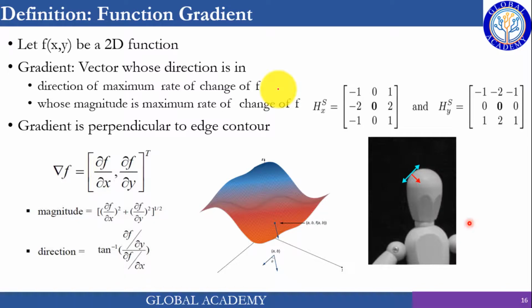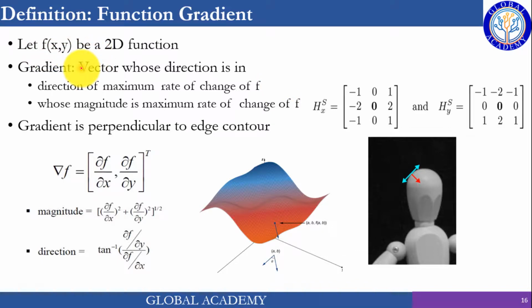Function gradient. This is a very important topic considering computer vision and the overall conclusion of this topic of edge detection and edge enhancement. So just consider a function of two variables f of x, y, just like our images are.